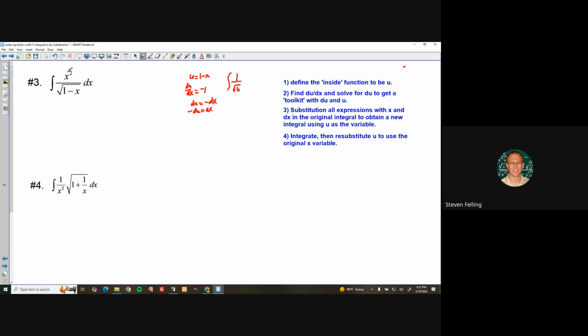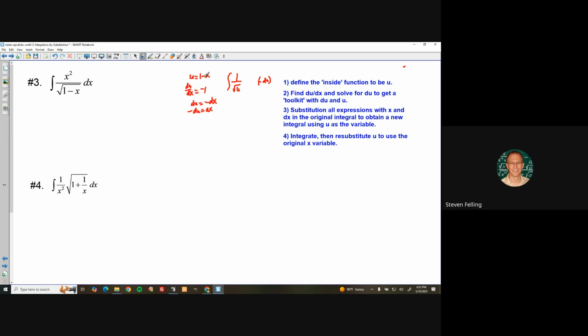Then I've got an x squared dx left over. The dx can be, well, this would work actually, but it's going to be trickier. So we can try for the dx replacing this with negative du. But what will we do about this x squared that's left over?